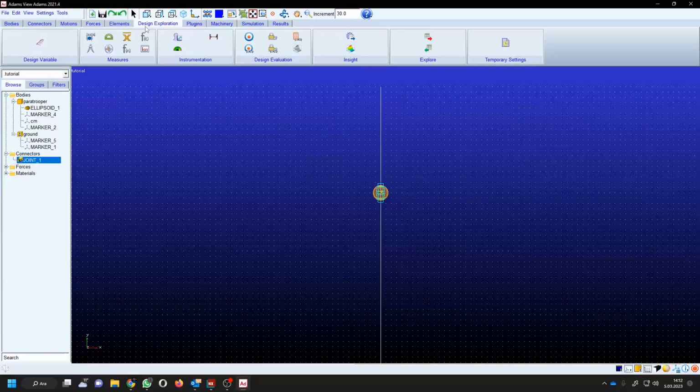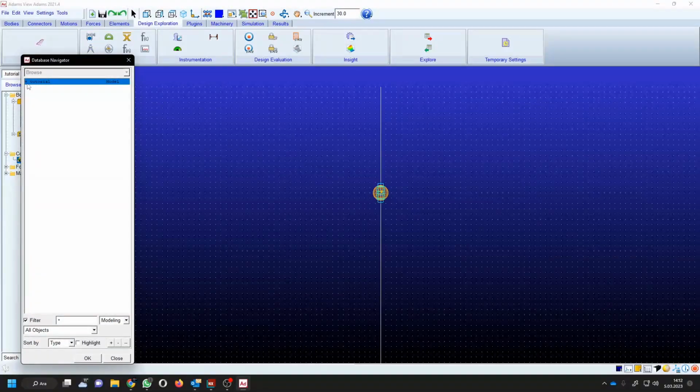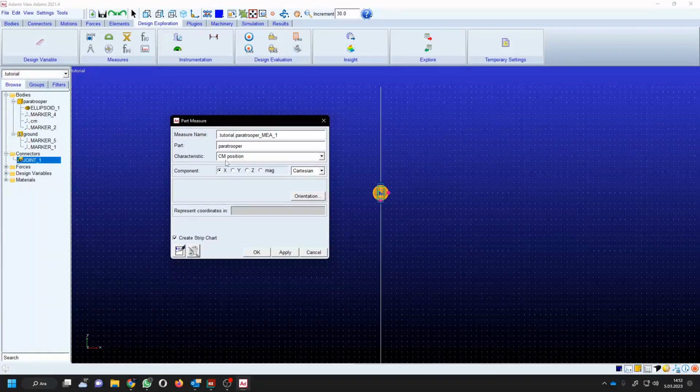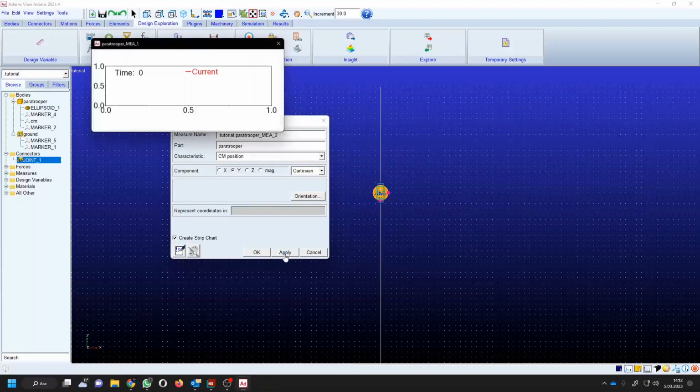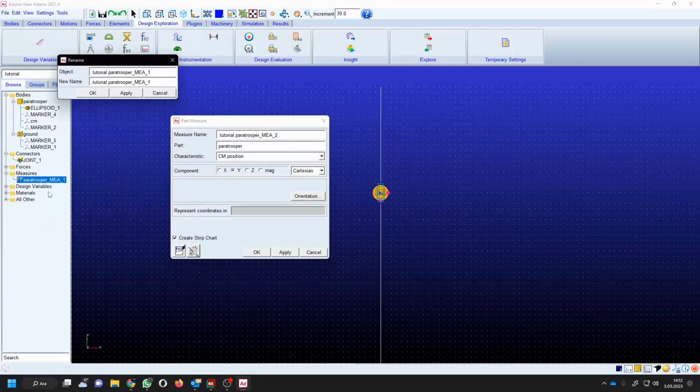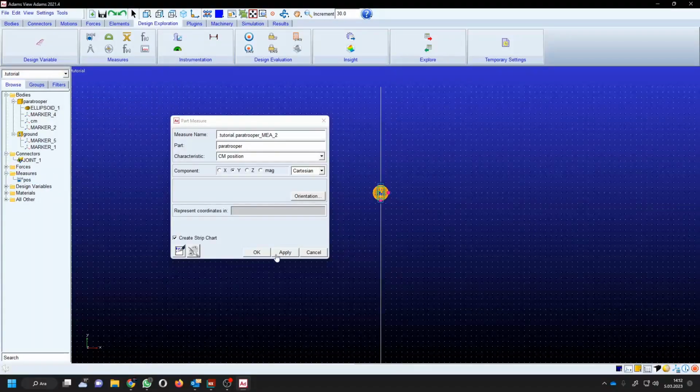I will go to design exploration and create a new measure. I will measure the center of mass position of my paratrooper on the y-axis. Apply. Okay, I will rename this measure accordingly. This will be position.